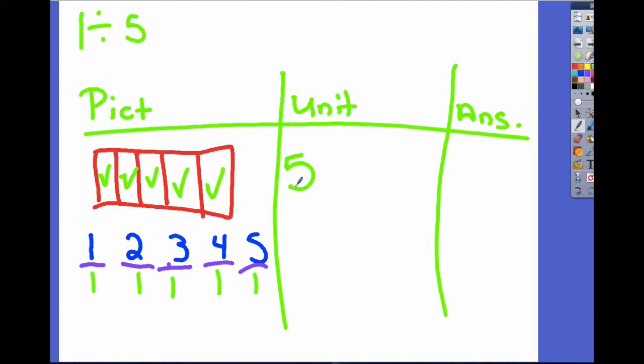If I have one of them, how much do I have? I have 1/5. So it's 5/5 divided by however many total boxes I have.